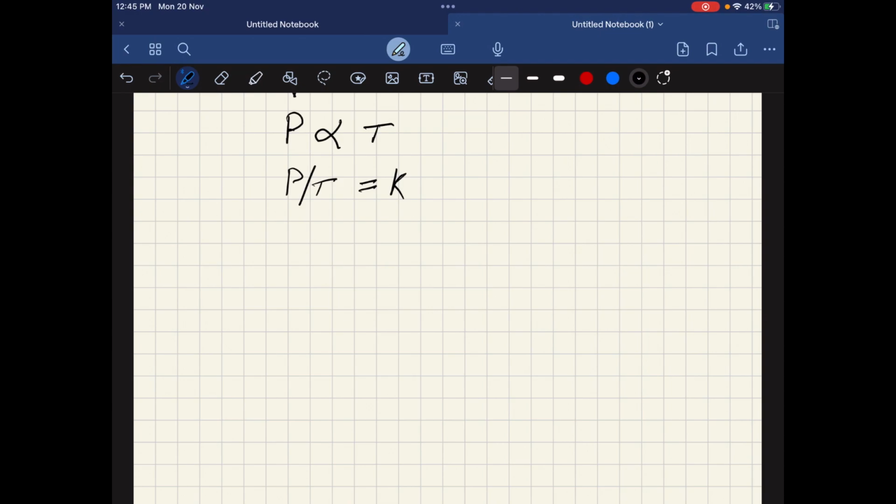Then we will go to other physics laws being utilized in anesthesia, and one of the principles being used is called Bernoulli's principle.